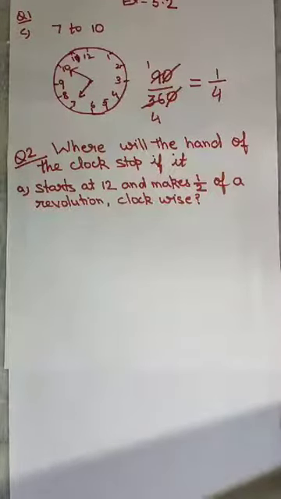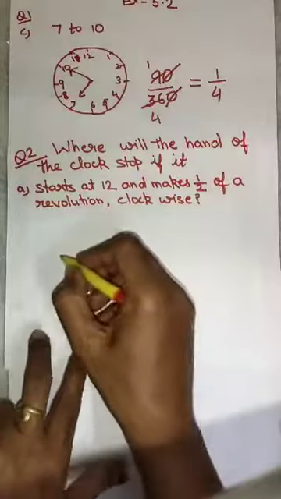See, in the previous question, both starting and ending time is given to us, and it is asked in the question that we have to find out the fraction. But in this question, starting time is given, that it starts at 12, but where it reaches is not given to us. In this question, fraction is given. Our hand of the clock starts at 12 and it makes half of a revolution.